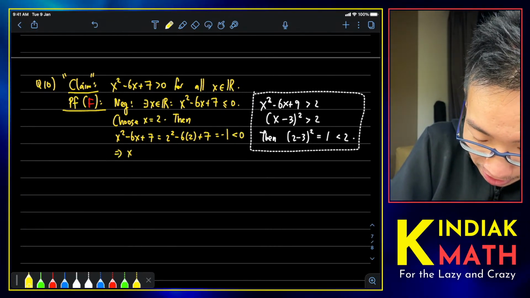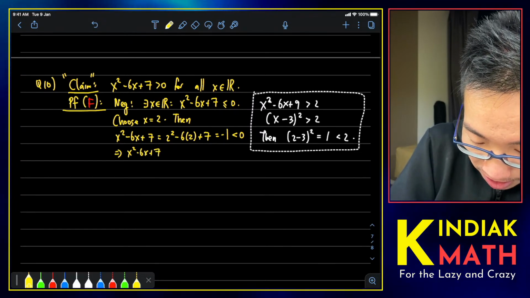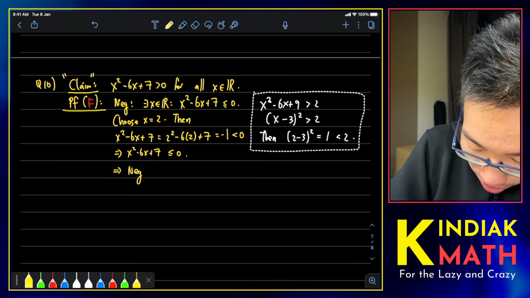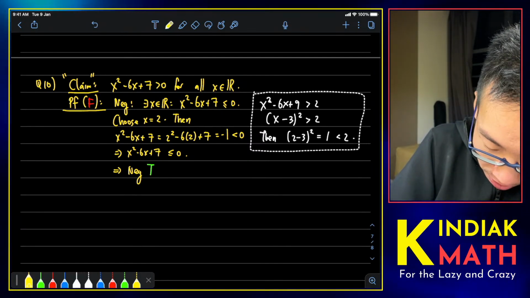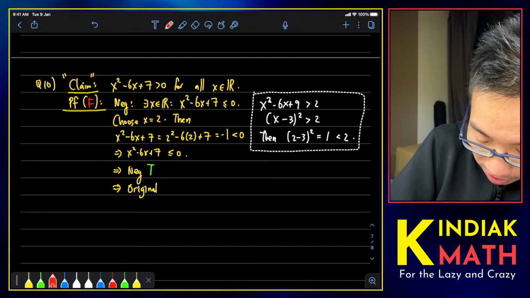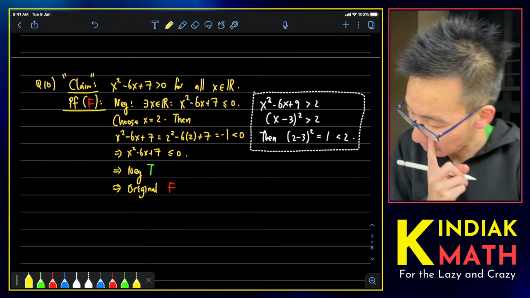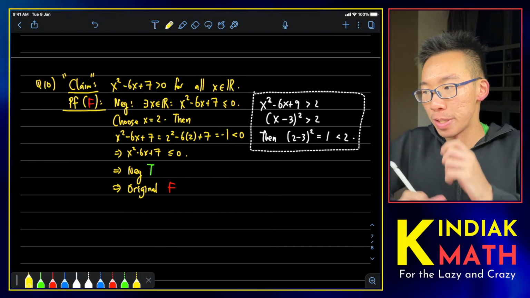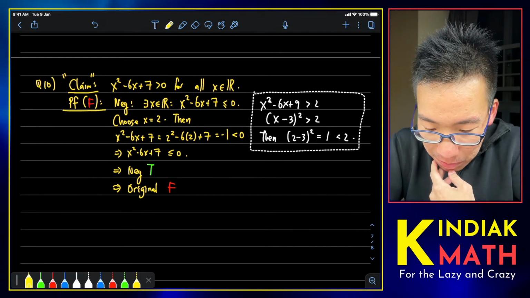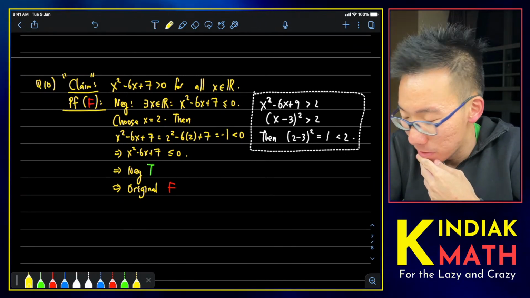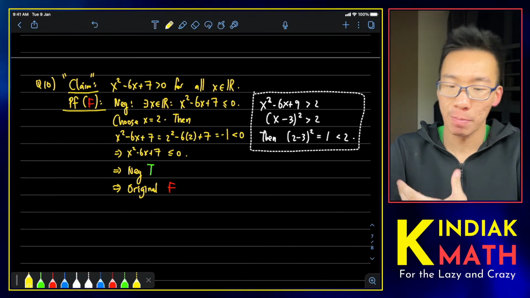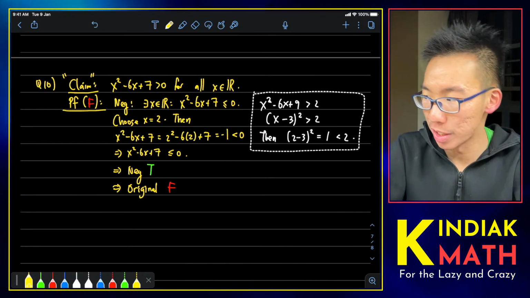This means that x squared minus 6x plus 7 is less than or equal to 0, which means that the negation is true, and therefore the original statement is false. That's the approach over here. Any other proof probably didn't account for every single case. So that's the idea.